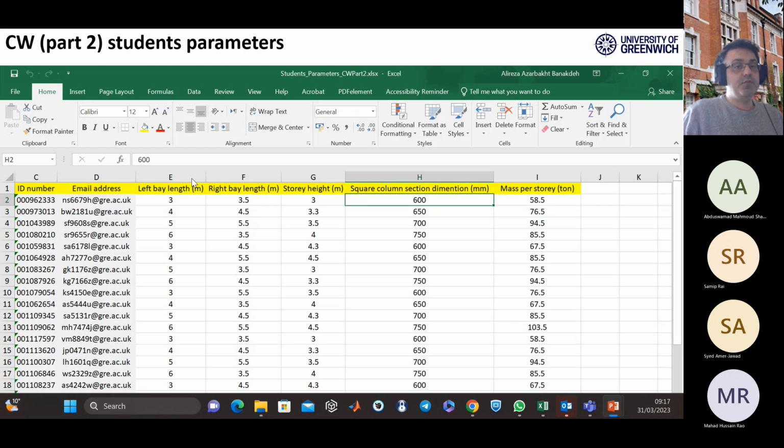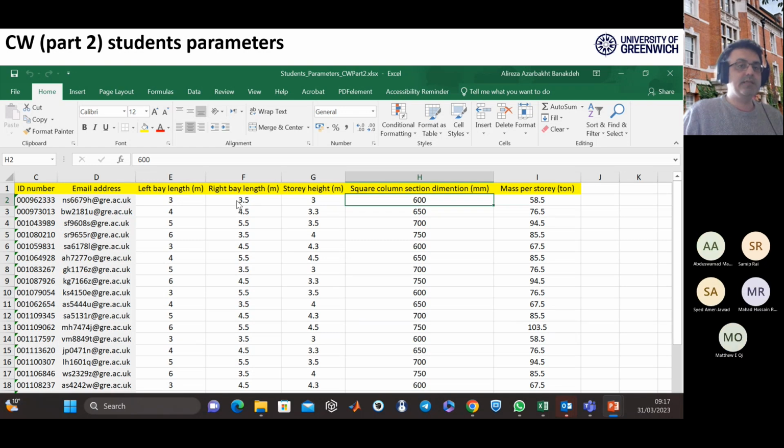So you have 2 bays. Sorry, it's not 1 bay, it's 2 bays. It means you have 3 columns in each story. The distance between the left column and the middle column is called the left bay, and the distance between the middle column and the right column is called the right bay.